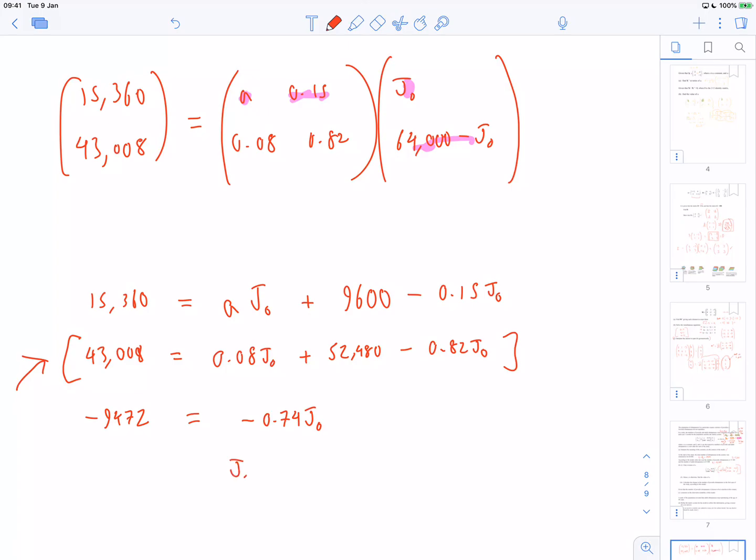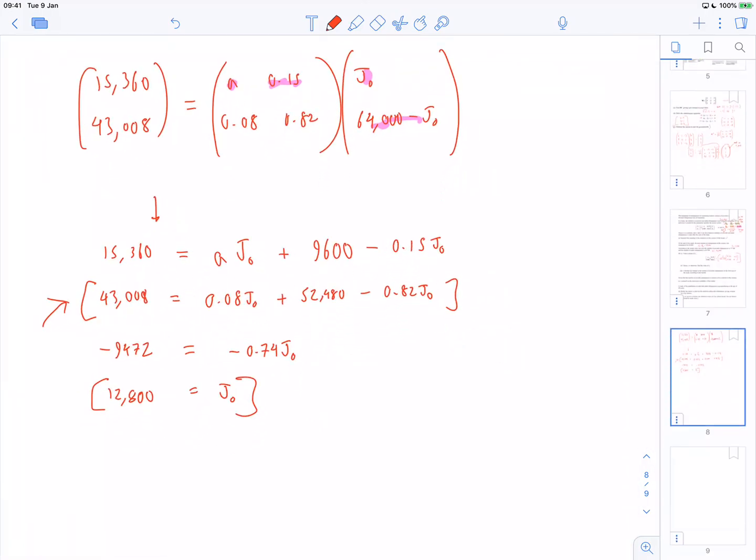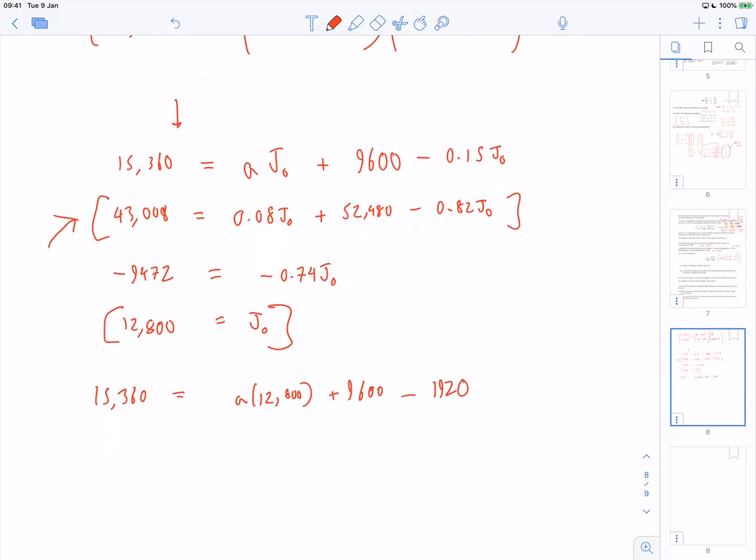So I get the juveniles in the first year are 12,800. Interesting. So all I need to do now is whack it into the top equation. So I've now got 15,360 equals A times the amount of juveniles, which is 12,800 from the previous bit, plus 9,600 minus that answer times 0.15, which gives 1,920.